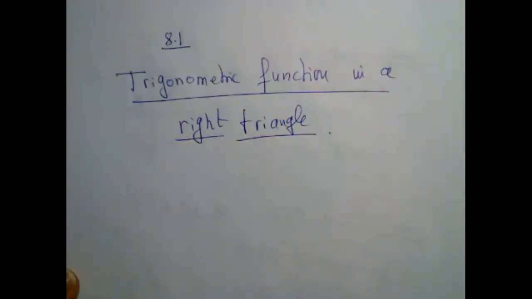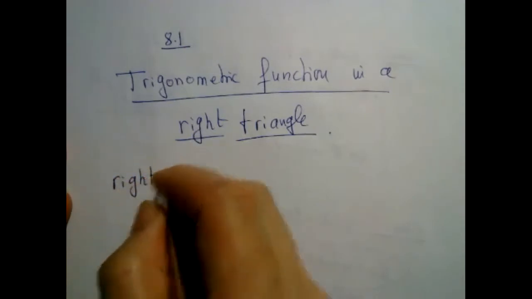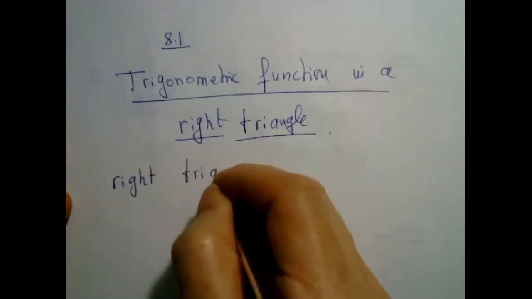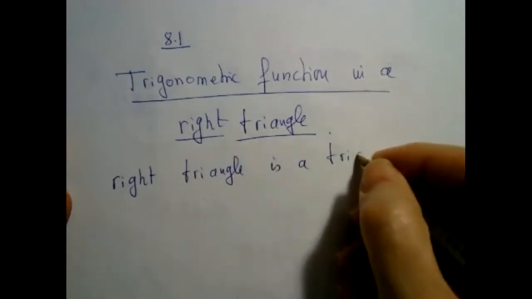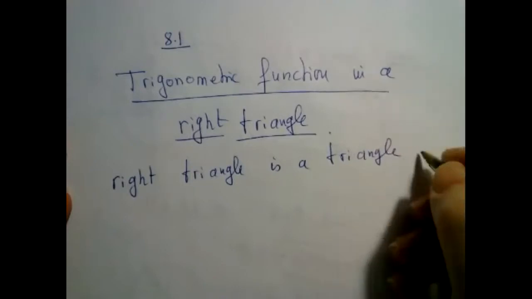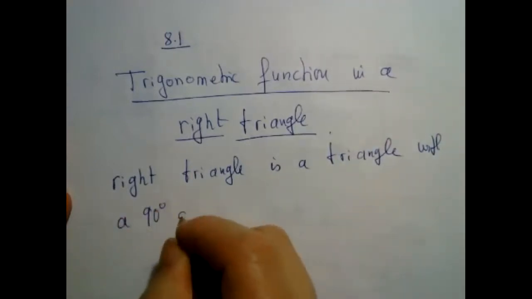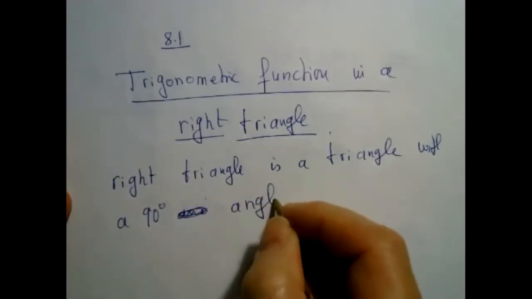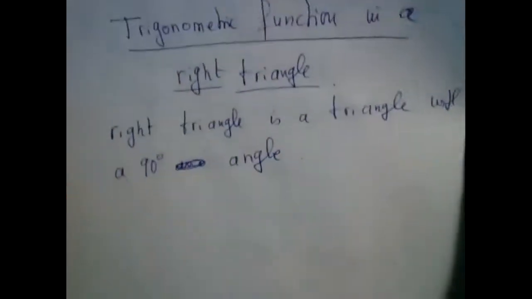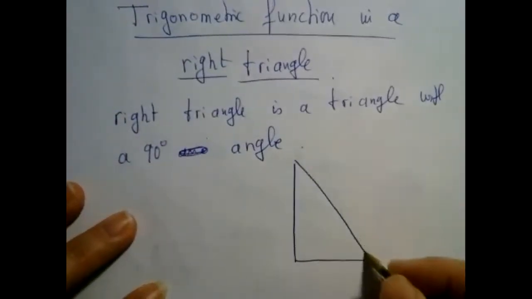Okay, first let us remember what a right triangle is. A right triangle is a triangle with a 90-degree angle, or a pi over 2 angle. So this is a typical right triangle.